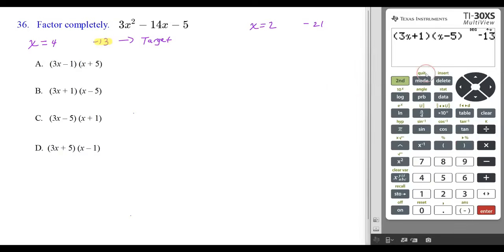I get negative 13, which matches up with my new target of negative 13. See, they match up here. So B still is my answer. It's just you get different numbers for your target answer when you plug in different numbers for x, but everything still works out and you will get B as your answer. Let's move on.